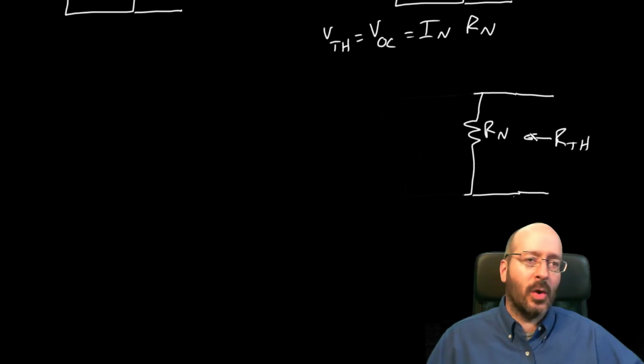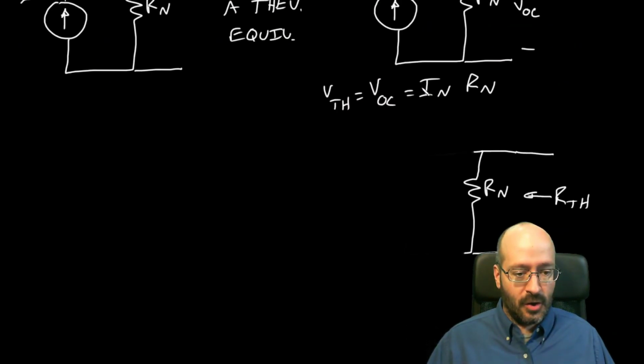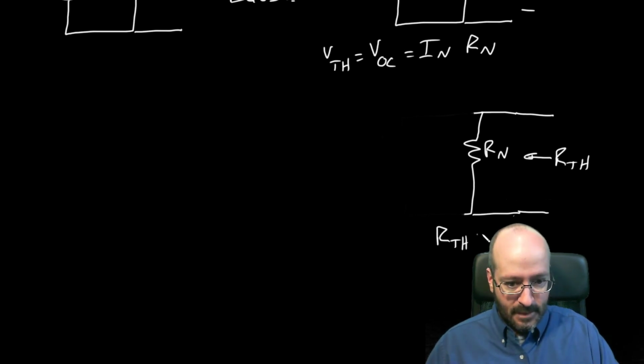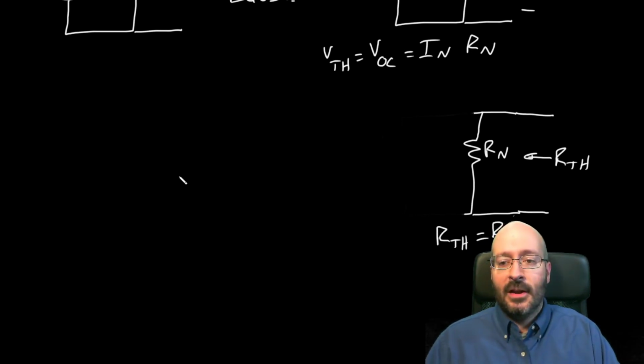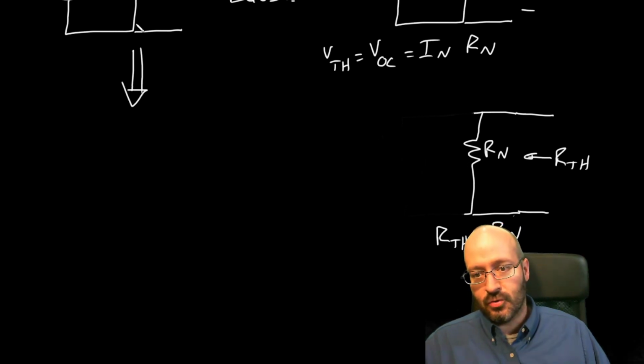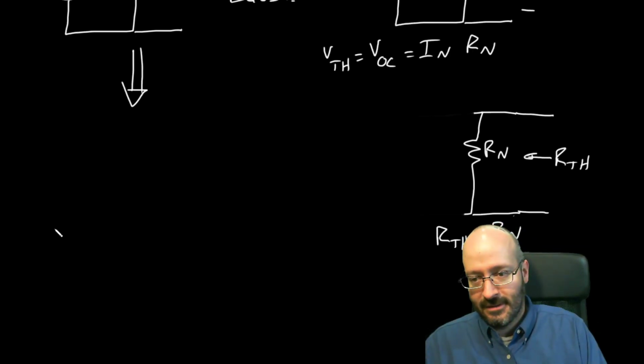So R Thevenin is equal to R Norton, just as you would hope. So using that knowledge, we can draw the Thevenin equivalent of our Norton equivalent circuit.